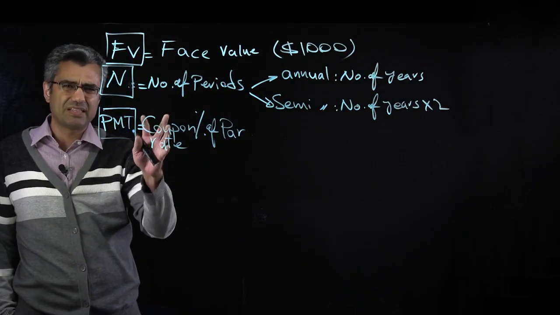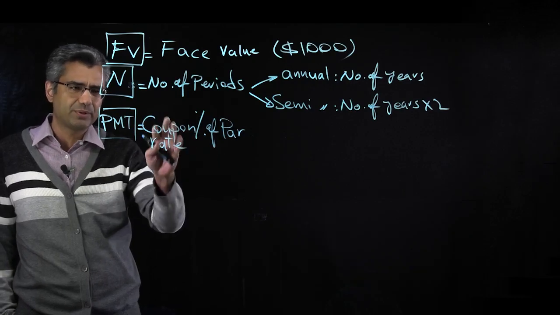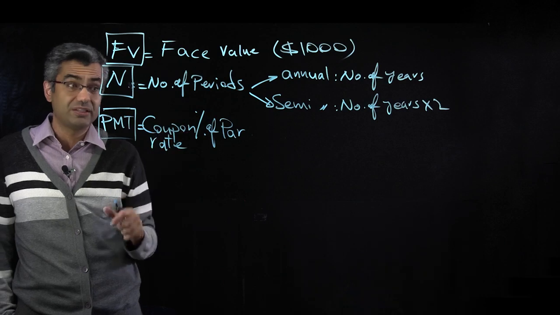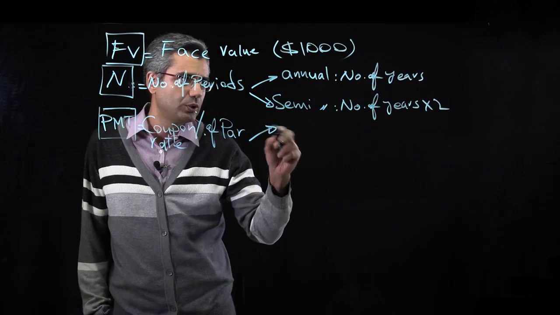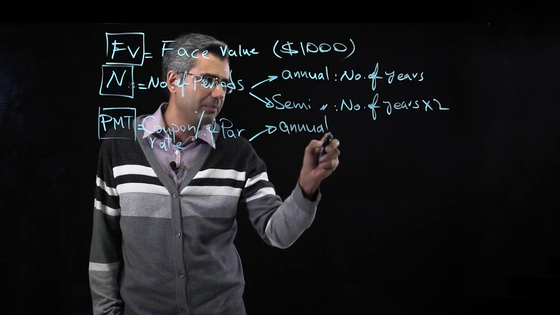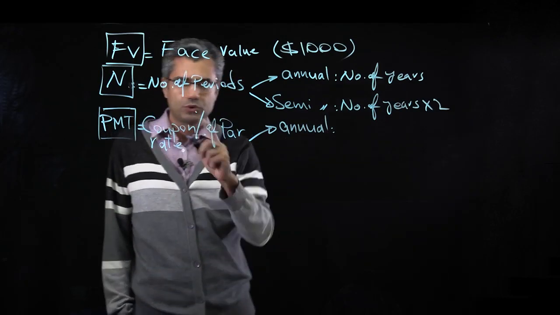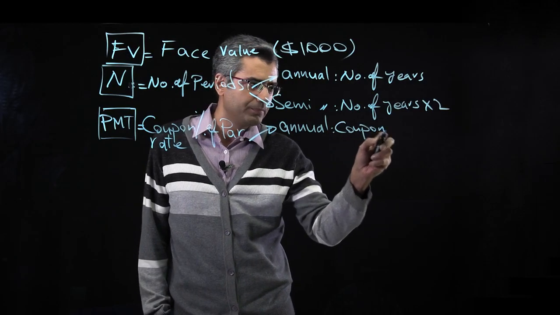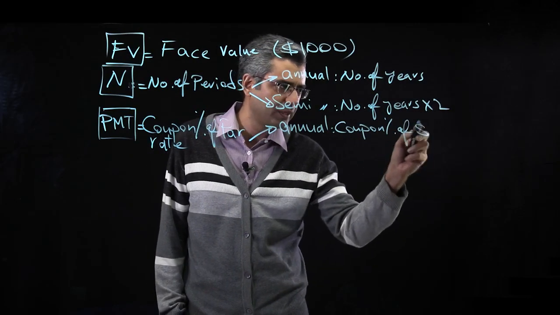For example, if it's a 5% bond, a 5% coupon rate, it means 5% of $1,000, which is $50. So if it's annual, if the payment is per year, it's just the coupon percent of $1,000.